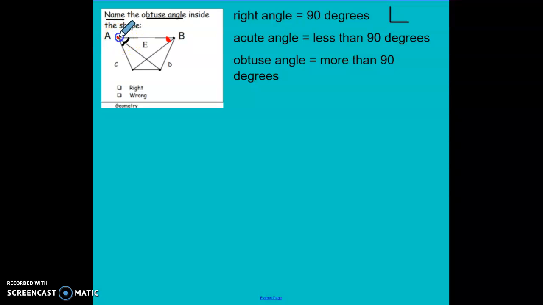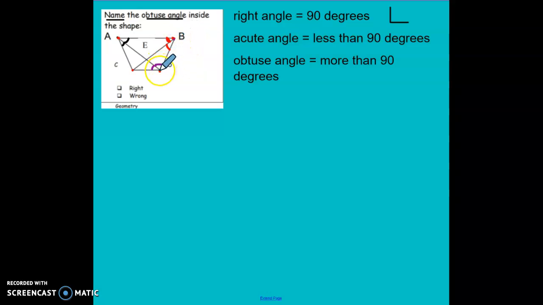Alright, so I'm going to start from this point. ABC is an acute angle. What about this one? So CBD is also an acute angle. And what about this angle? This one, sorry.